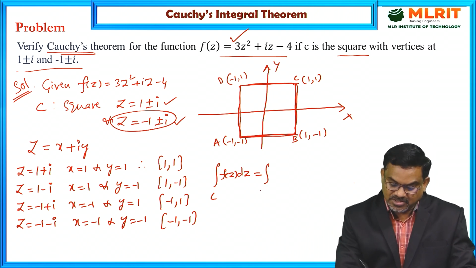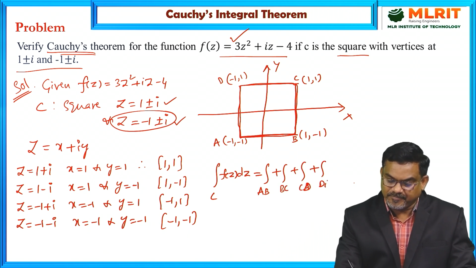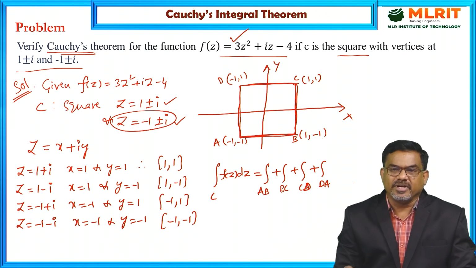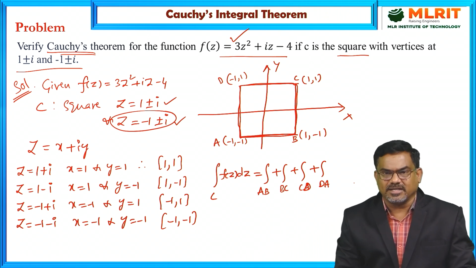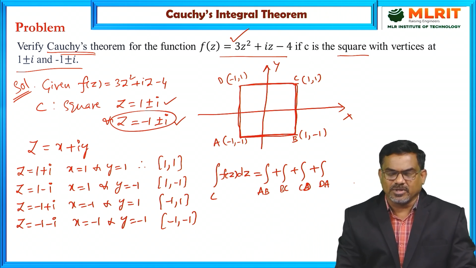So this is equal to the line integral along AB plus BC plus CD plus DA. We need to evaluate these 4 line integrals, and finally show that the sum of all these integrals is equal to 0.